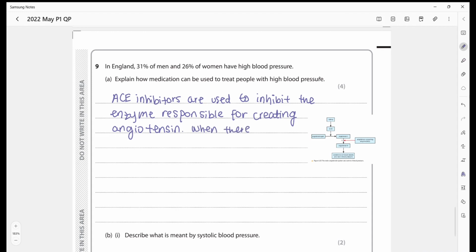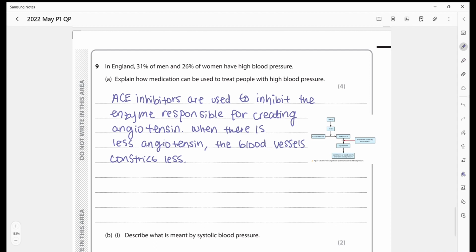There is less angiotensin. The blood vessels constrict less. And that would decrease the blood pressure.